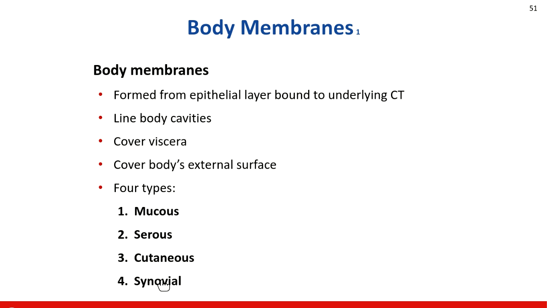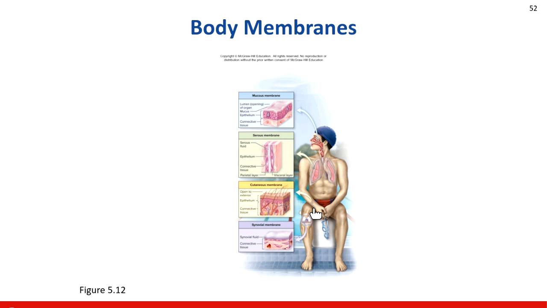And then in chapter 9, we'll talk about the synovial membrane. You'll see that in some of the joints of your body, like your knee joints or your knuckles. This diagram shows you all the different areas in which we find all these different types of membranes.